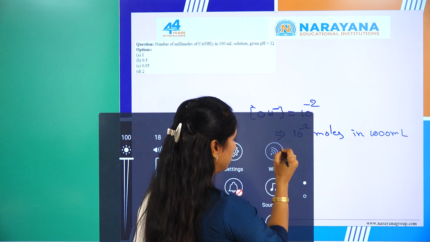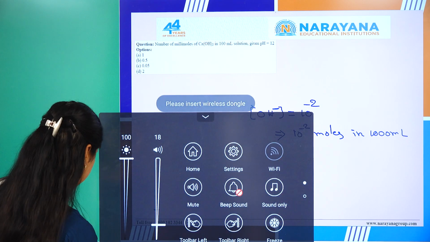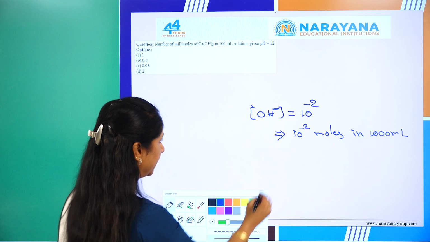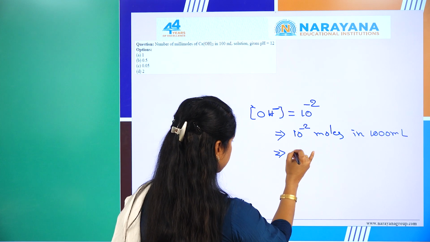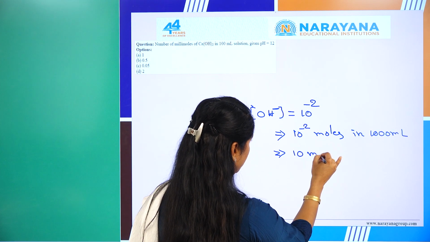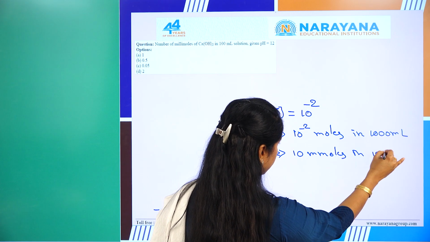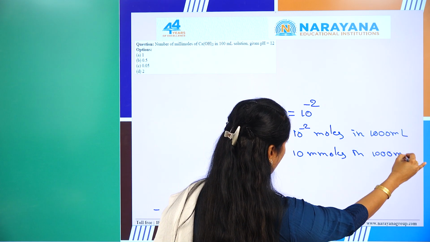So I am getting this as 10 millimoles of OH minus ions in 1000 ml.